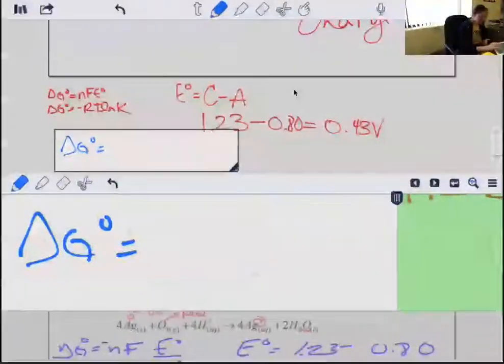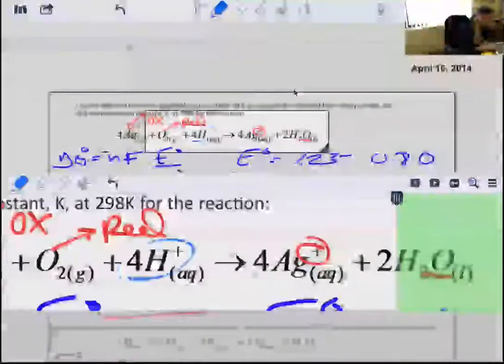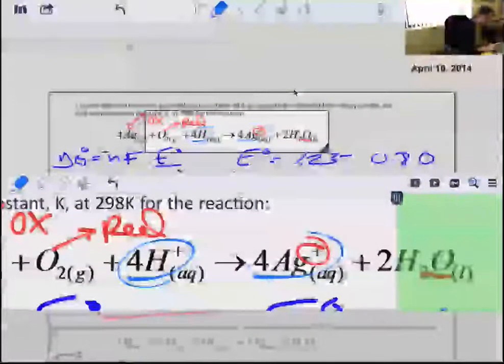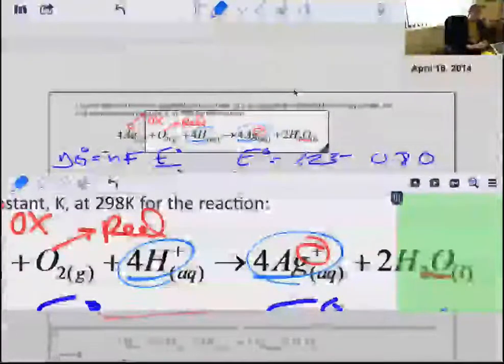So delta G equals negative N F E naught. Oops, sorry, wrong one. My delta G equals my N. And how many electrons do I have going on here? I have 4, because you have to look at the total. You should see here that I have 4 H plus and 4 Ag plus there. I'm moving around 4 electrons.